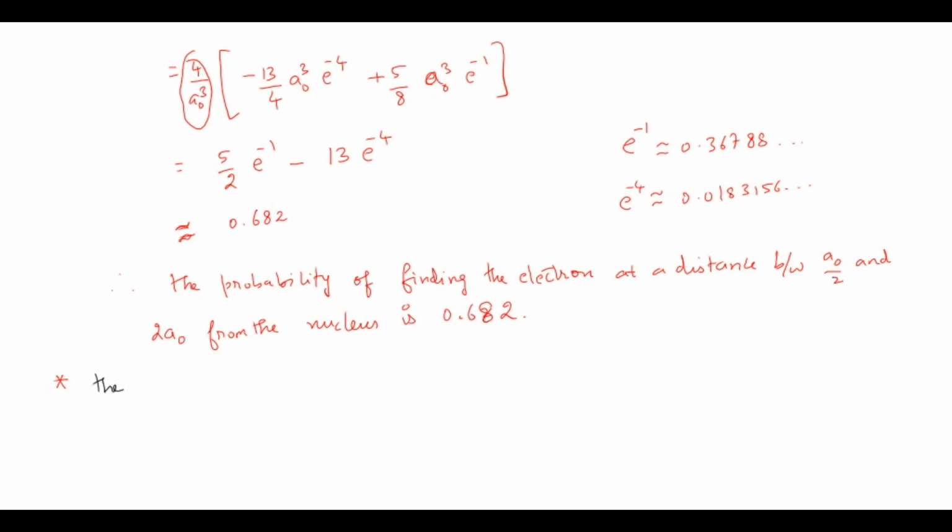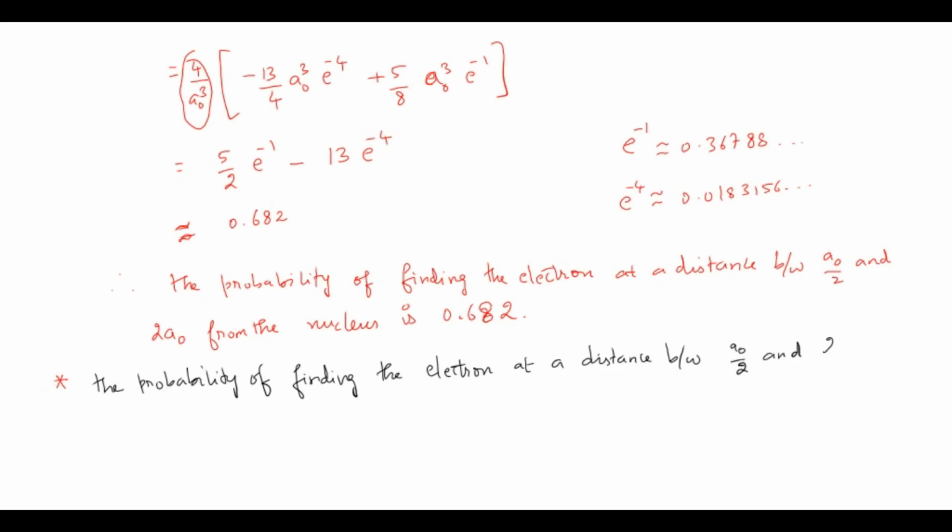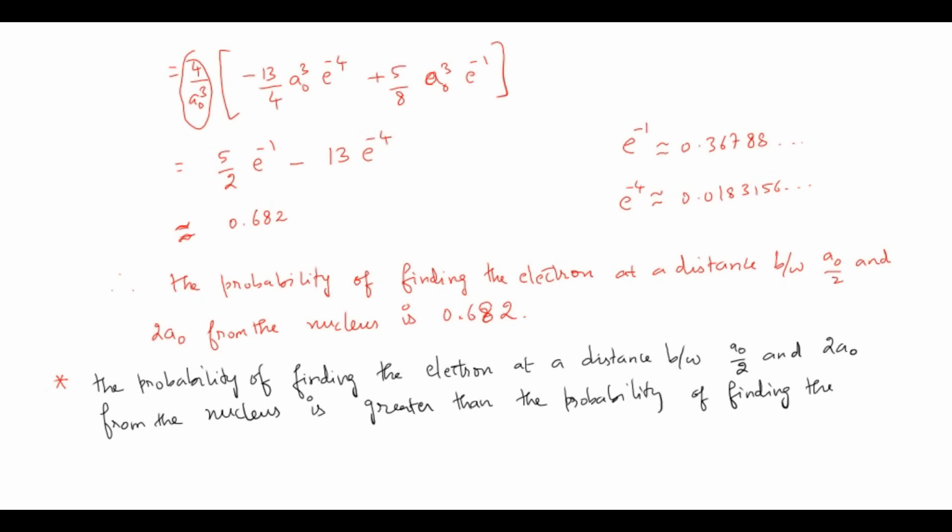The probability of finding the electron at a distance between a naught by 2 and 2a naught from the nucleus is greater than the probability of finding the electron at a distance less than a naught from the nucleus.